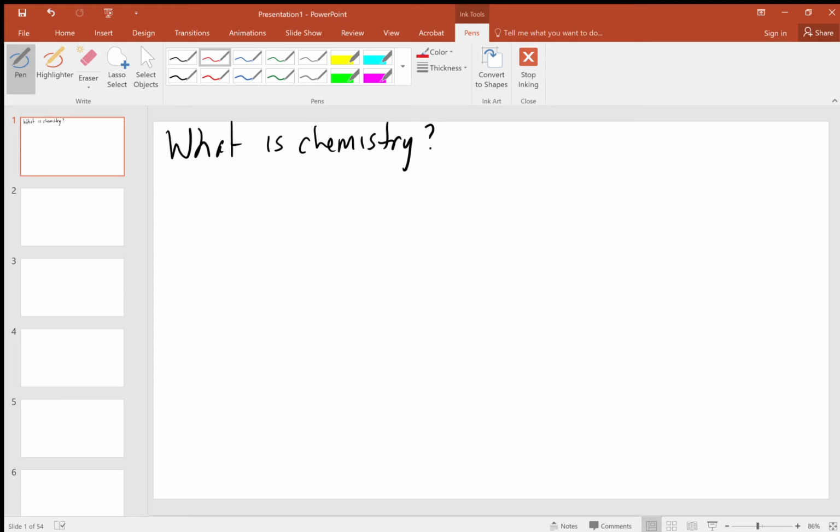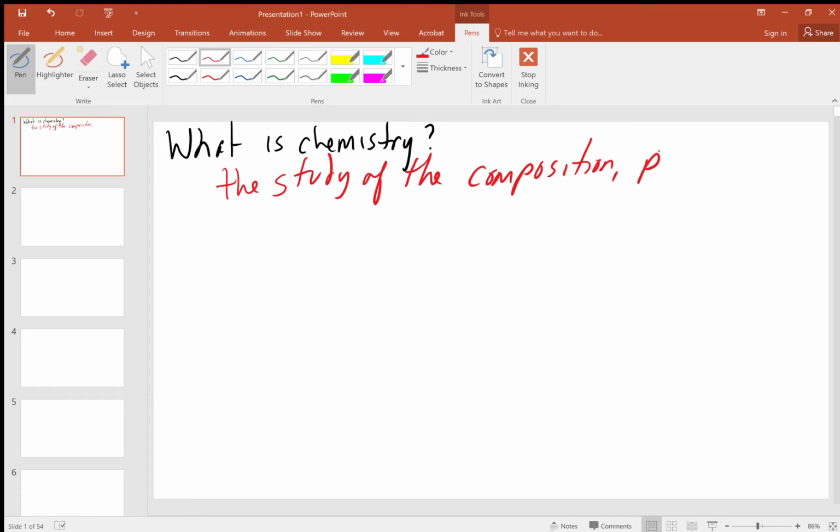Well, chemistry, in sort of the broadest overview, we say that it is the study of the composition, properties, and the transformations of matter.